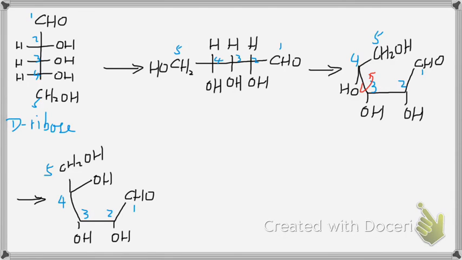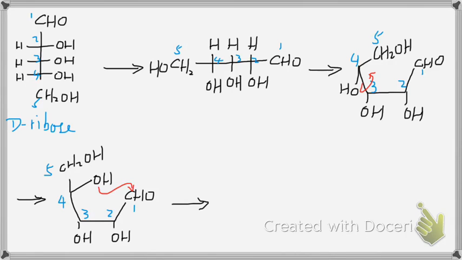All right, so now the C4 OH is close to carbon 1, and the nucleophilic addition to the carbonyl can take place. And this is how the ring is formed. And in this case, it's going to form a 5-membered ring, right?